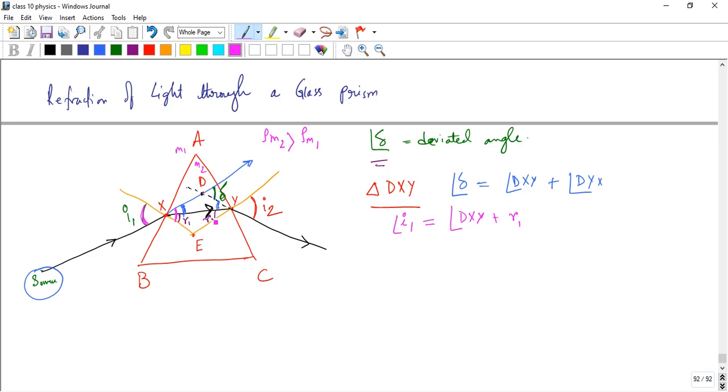Similarly, that normal here, the yellow color line, and that emergent ray are also vertically opposite. So that angle is also equal to I2. So here I2 is equal to DYX plus R2.